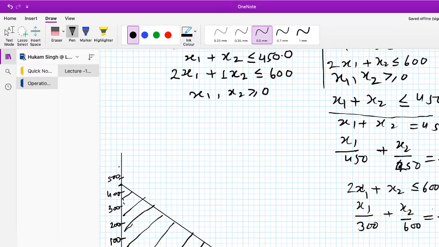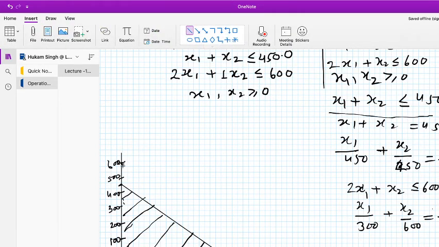So already we have plotted the points up to 500. So let us say this is the place for 600, and 300 is here. Now we're going to join these 2 points, this point and this point, with the help of a line.